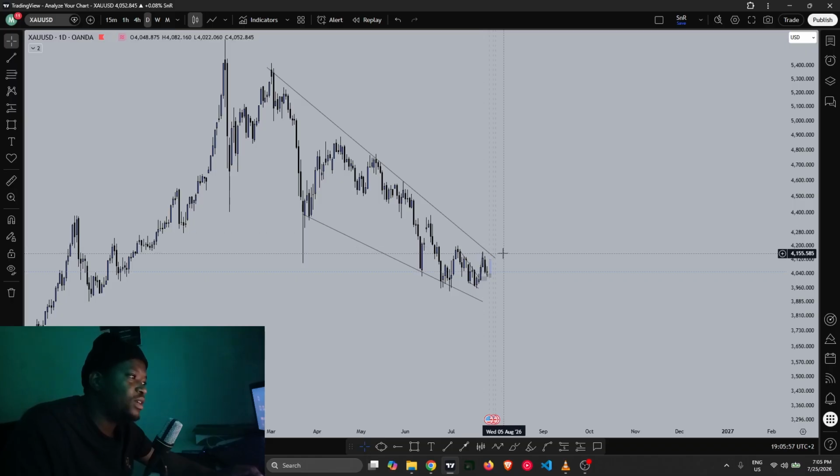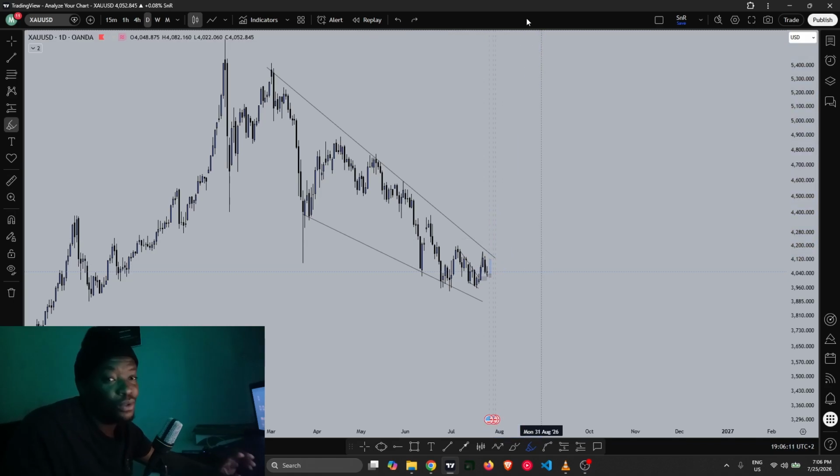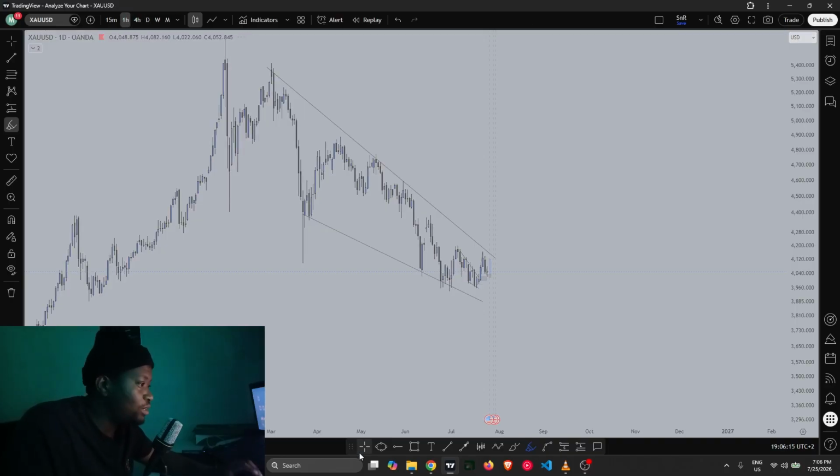If we do break out of that, same thing that I've been showing you throughout all these time frames, a breakout, we're going to be looking for a candle at the point of the break, possible retest, and then gold might fly. That's only if we do get a break on the daily time frame. Okay, that's only if.